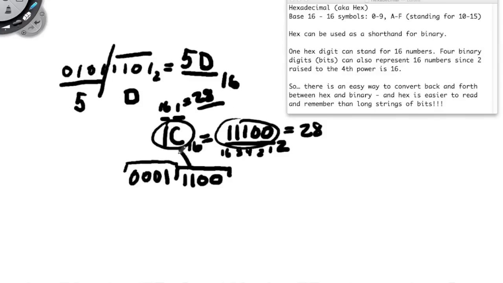So instead of looking at this string here, 0, 1, 0, 1, 1, 1, 0, 1, we can instead just say 5D, and that means exactly the same thing. And you can see why it's easier to remember and easier to work with, and that's why hexadecimal is used as a shorthand for binary.